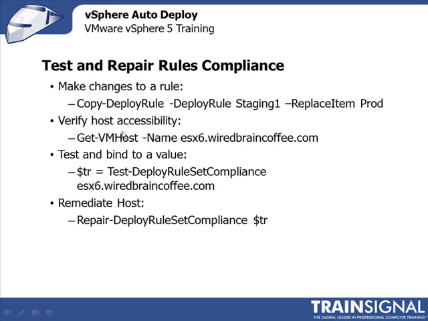Then we moved to verify host accessibility. We wanted to make sure that the host we were going to try to apply this rule against is accessible, so we did that using this particular command. Then we tested it using the environmental variable that we created here against the test results, and then we remediated that particular host by running the repair tool, and you'll see that the environmental variable is here as well.